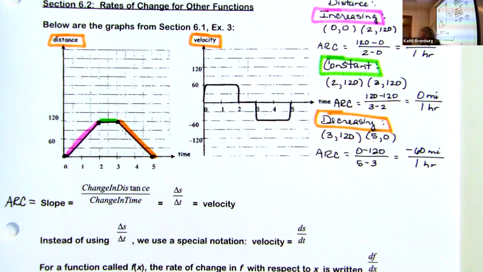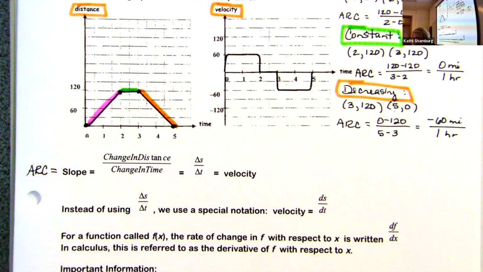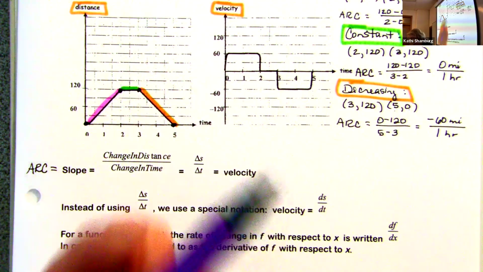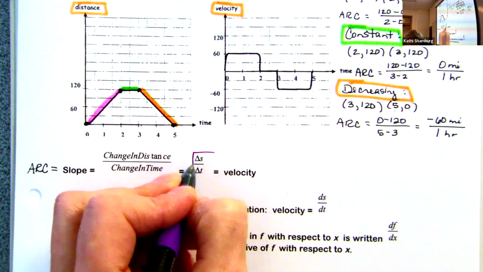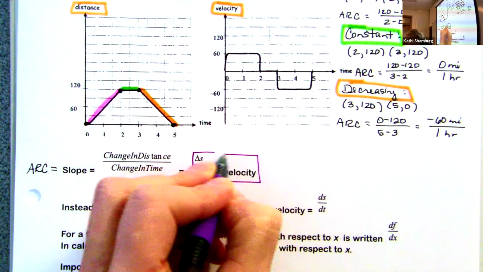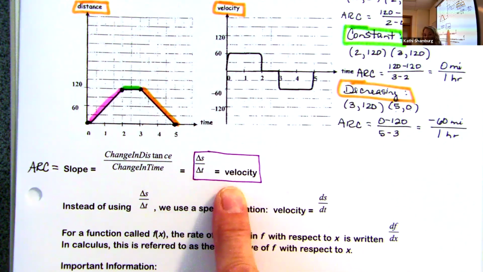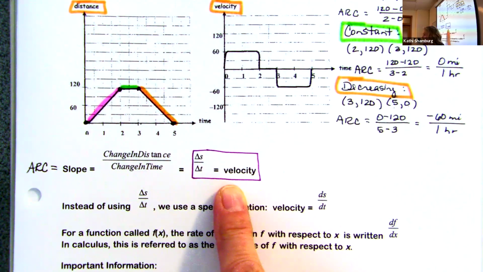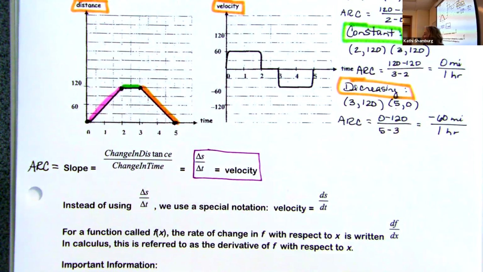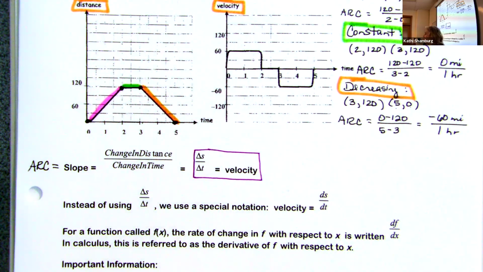Okay. All right. So then now we are including velocity. So this reads the change in speed over the change in time, because we've been talking about how velocity is speed. Okay. So we're going to learn some new terminology as far as how it's written.